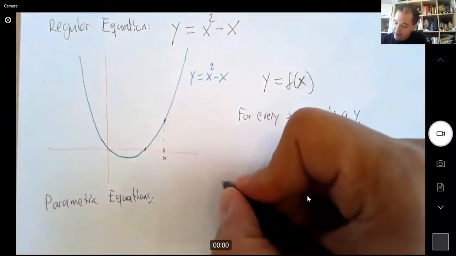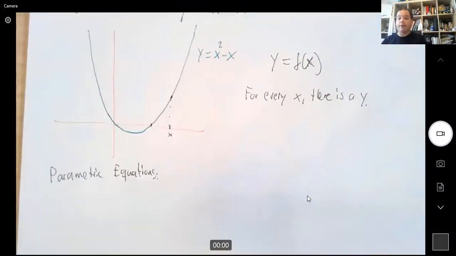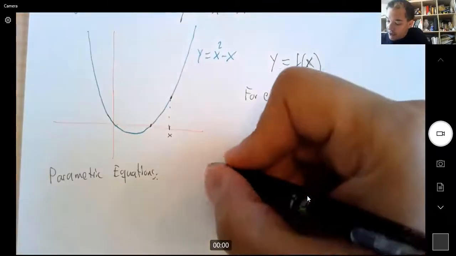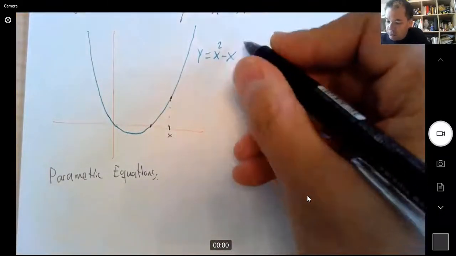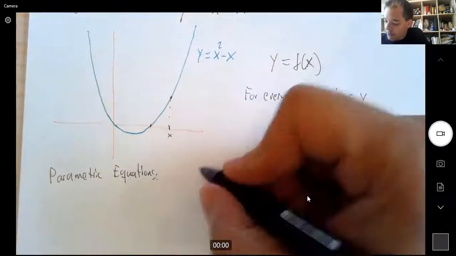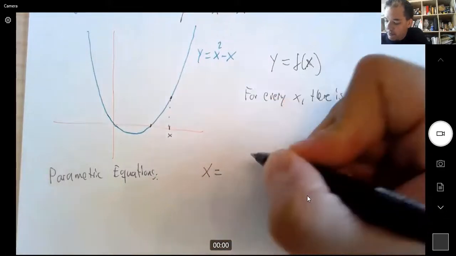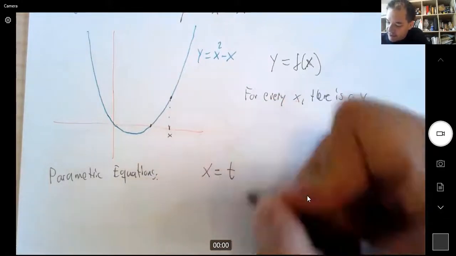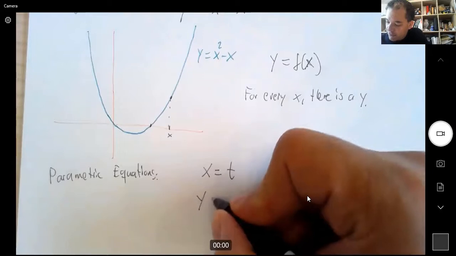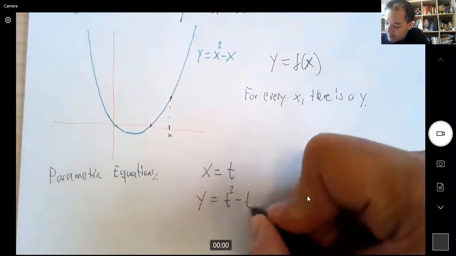Think of a new variable, which is going to be t, and I like to think of t as time. Then instead of having one equation, you're going to have two equations, one for x and one for y. To make one that looks almost like this one, it will be like this: you assign a parameter to x, say x is t, and then you assign one for y. y is t squared minus t.